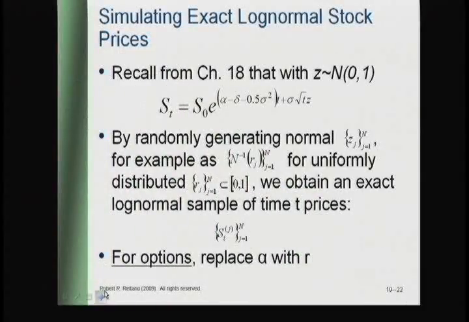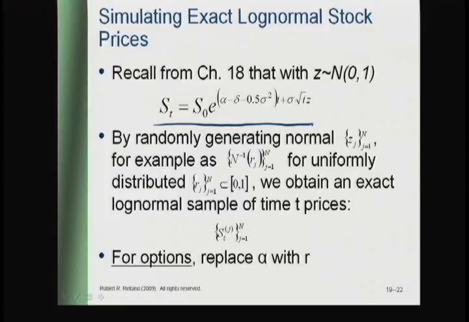So with that as background, if we want to simulate exact log-normal stock prices, how would we do that? Well, we have from Chapter 18, the work we did there, a formula for stock prices at time t, given that they start off at value S0. And this should now look quite familiar.